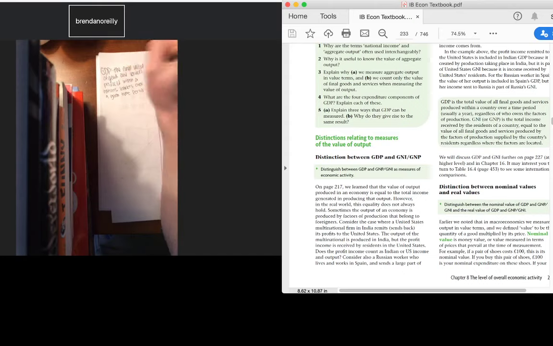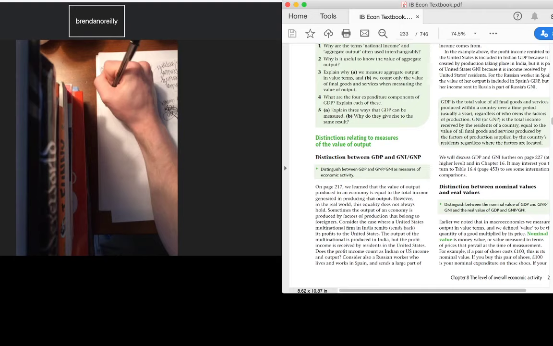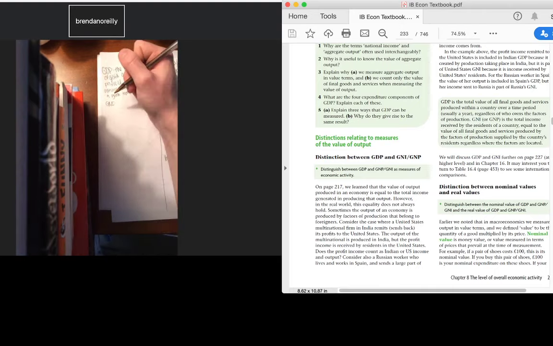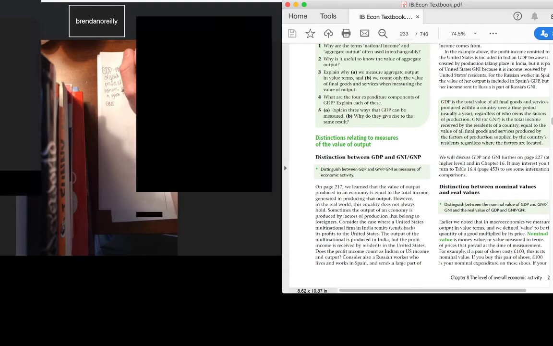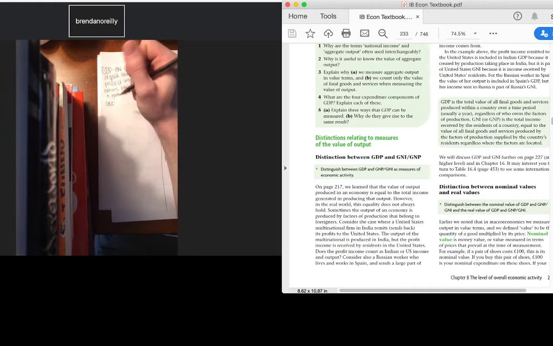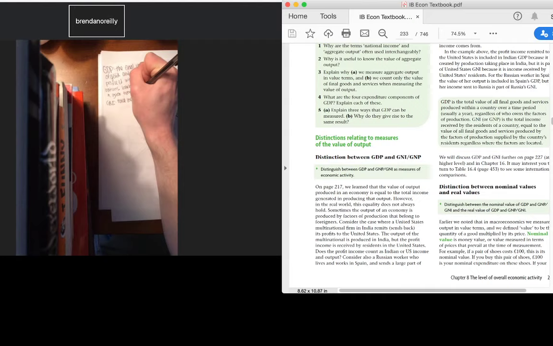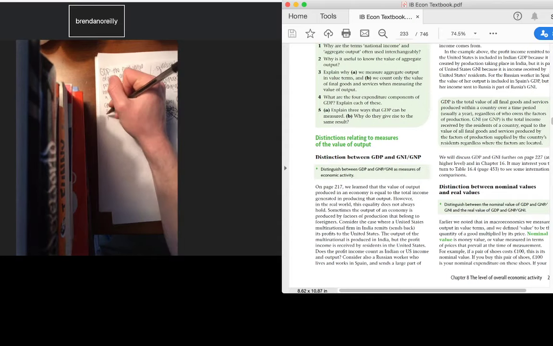So that's GDP. GNI is a little bit different, and essentially what it measures, it's kind of funky, is the total income that is earned or received by citizens of one nation.